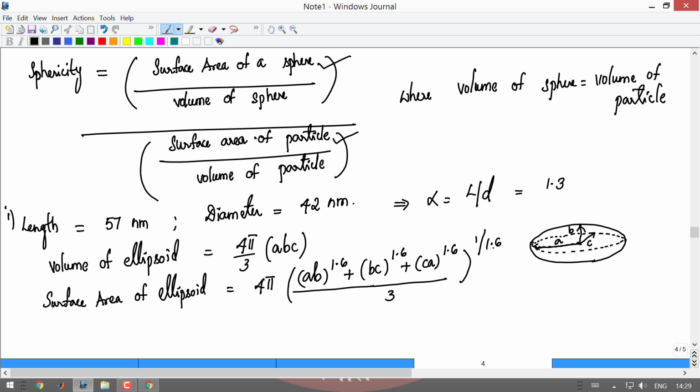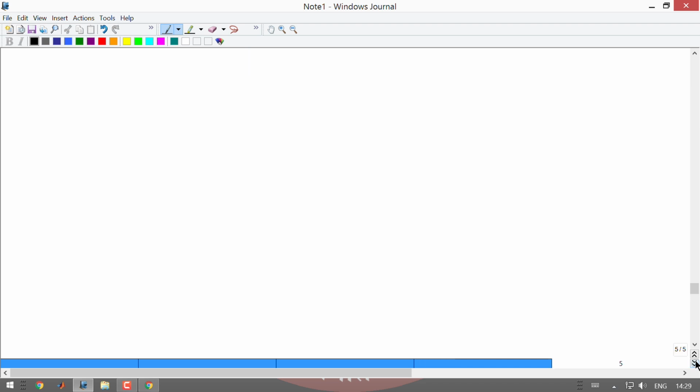And again, if we see when A equals B equals C, we will end up with an equation very similar to the surface area of a sphere. Okay. So, now we have the expressions for volume of the ellipsoid and surface area of the ellipsoid, and we know the dimensions, and now first we will calculate those.